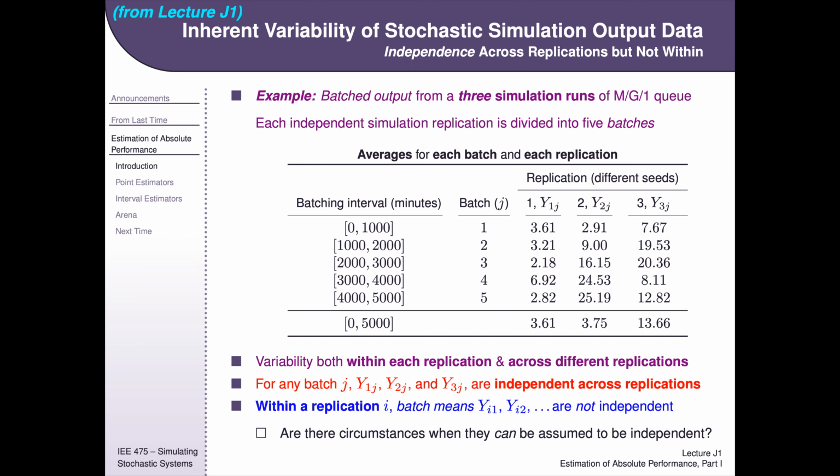In general, when you run one giant long replication in ARENA, it tries its best to create intelligent batches so that it can estimate across-replication variables using within-replication data. ARENA will do that for you automatically, as long as your replications are long enough.